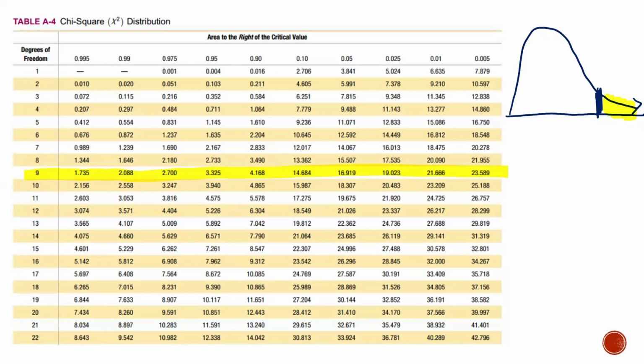So for this chi-squared distribution, if I wanted to find the number that cuts off, let's say I want this to be 95% and this to be 5%, well, I would have to choose this. Chi-squared would have to be 16.91. Everyone following?